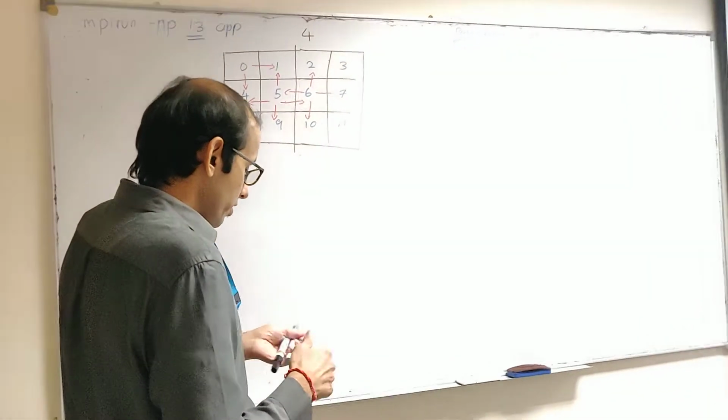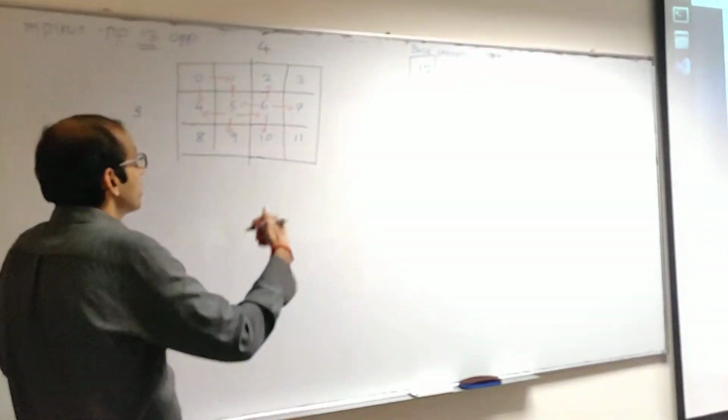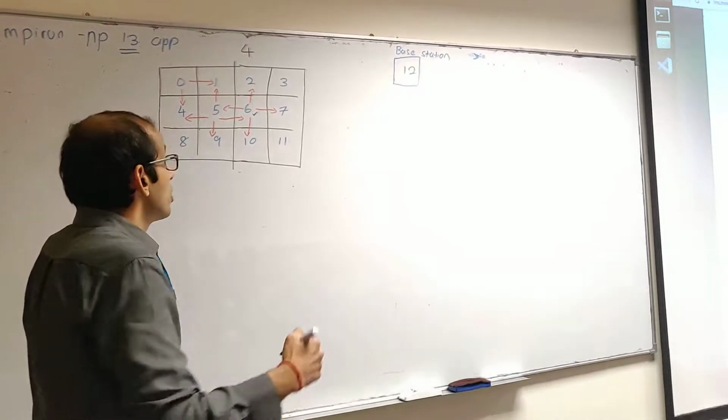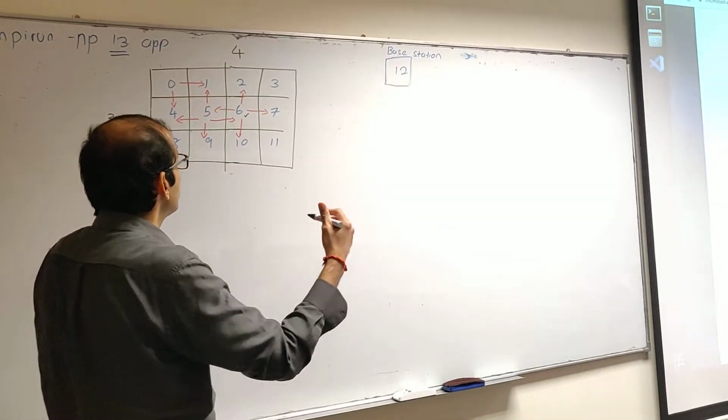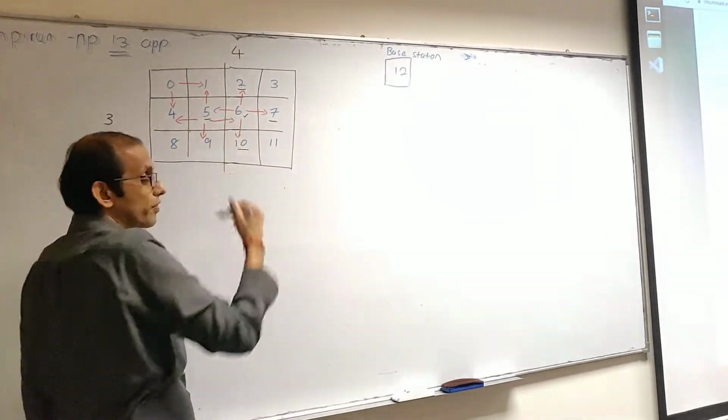For example, let me use a black pen. Let's look at node 6. Who are node 6's adjacent nodes? It's 2, 7, 10 and 5.